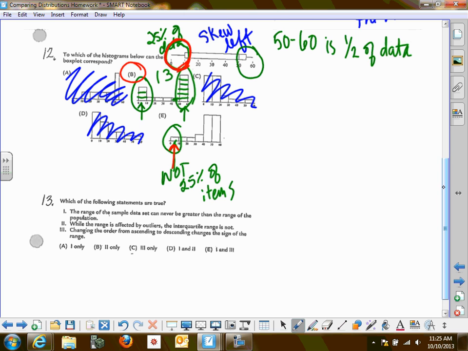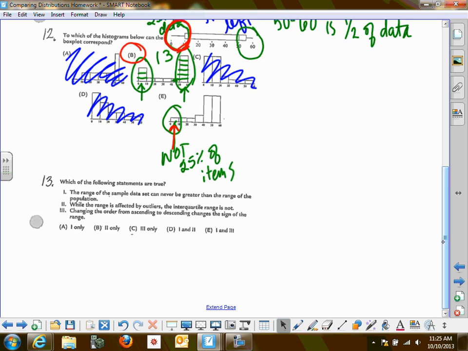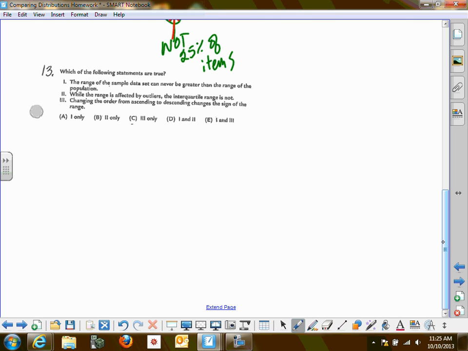Okay. Number 13. The range of the sample can never be greater than the range of the population. That's true, and I want to give you a visual. Pretend this is the population of points.